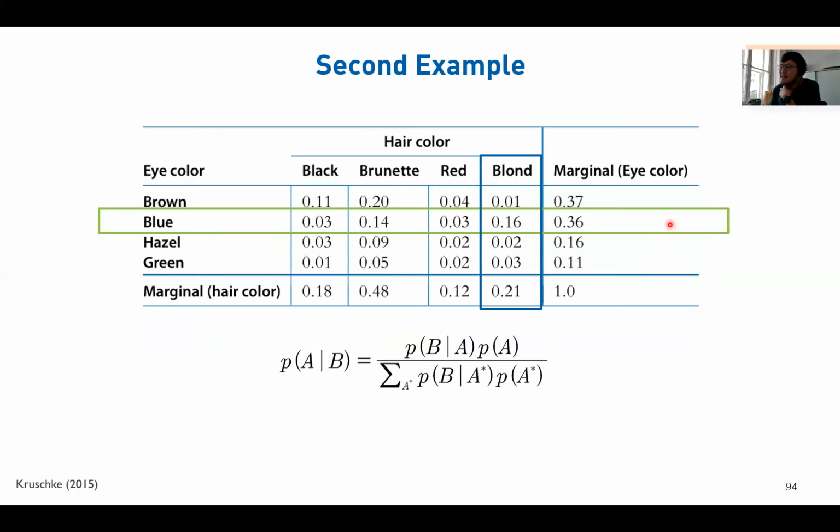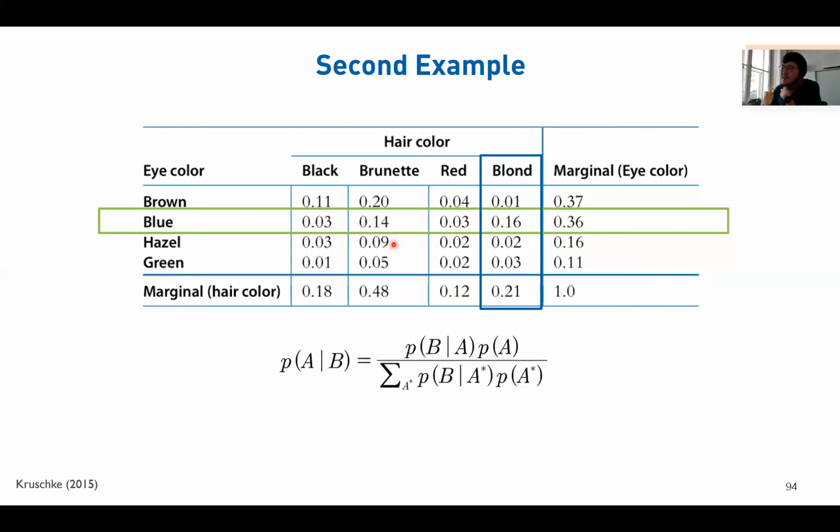And in this case, we have more numbers. Let's say we have a table of probabilities of two events. One is the hair color, the other is the eye color. Hair color has these 4 outcomes from black to blonde, and eye color here from brown to green, okay?